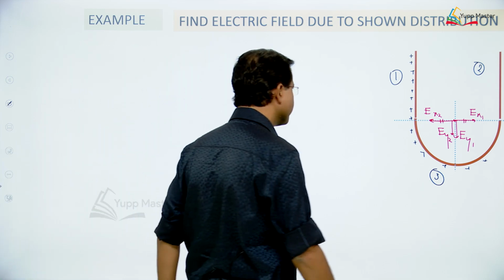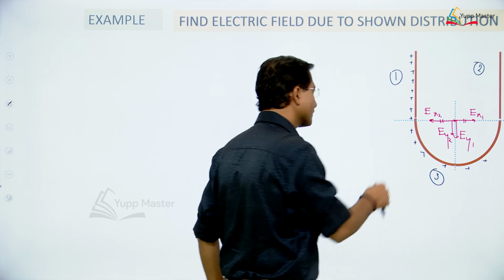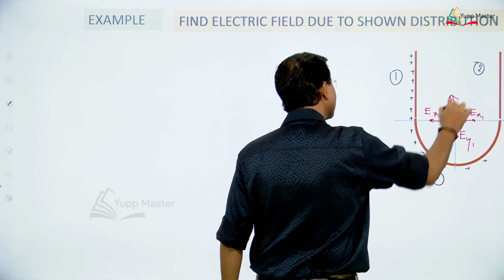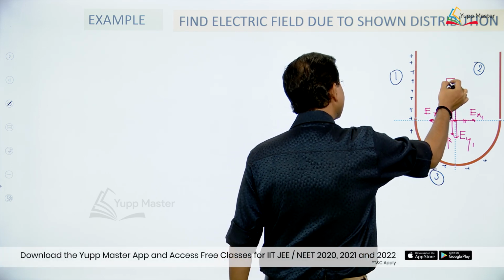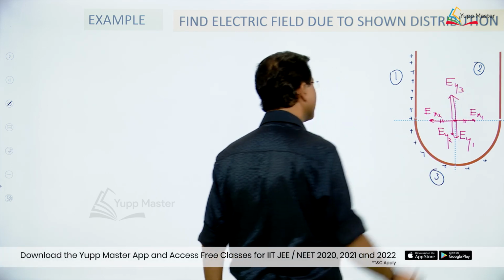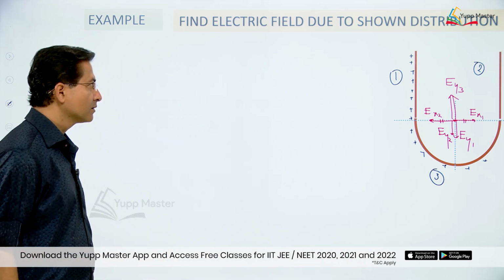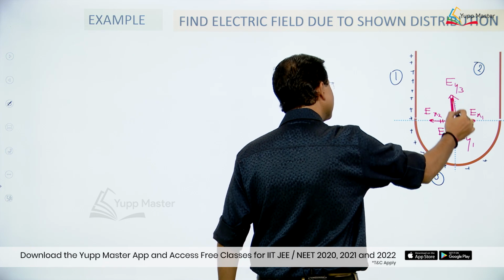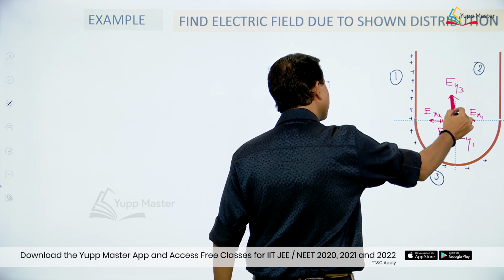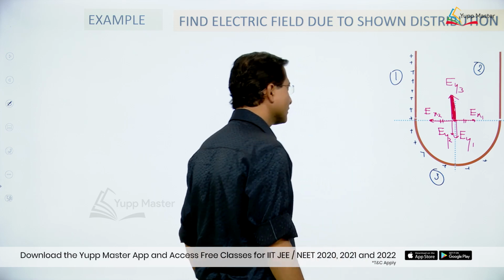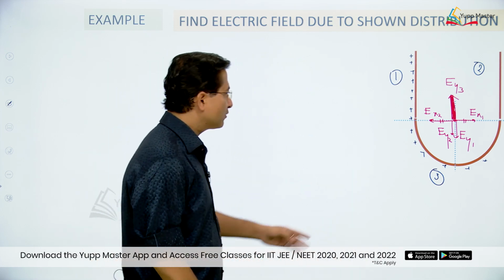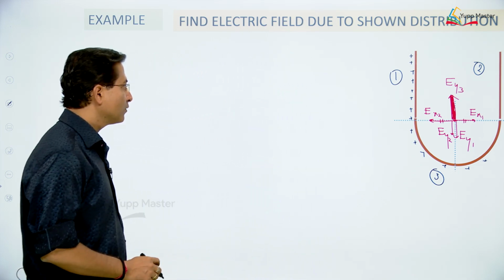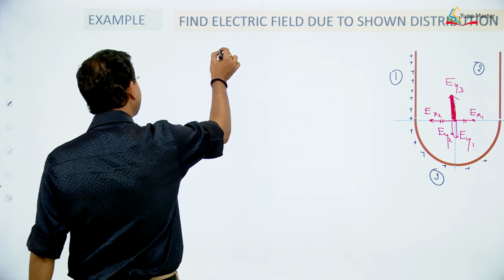Now, the third segment, the semicircular ring, will produce field in this direction, along the positive y direction. So, I need to find out the resultant of this, that means the field will be in the y direction, I want to get the resultant.